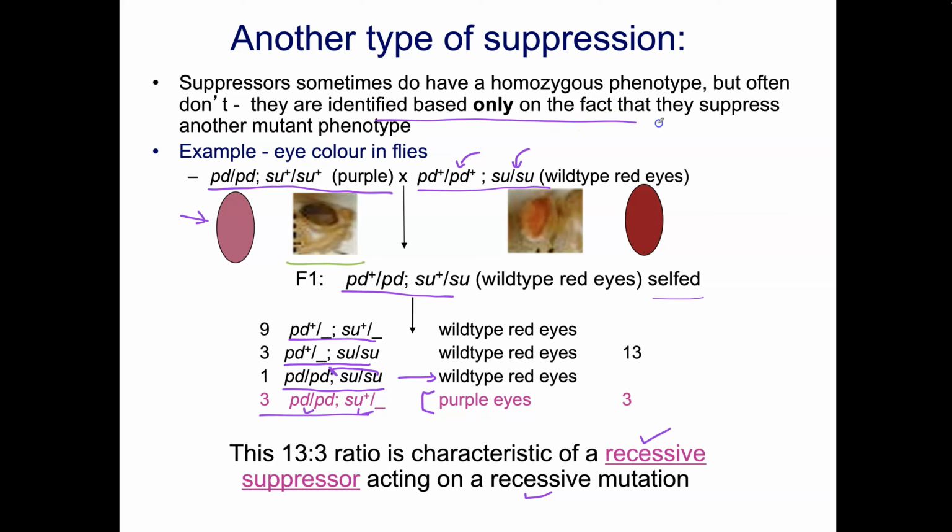You can only see the effect of it when it's in combination with the mutant. So this is the only place you can see the effect of the suppressor mutation, even though 3/16 of the progeny are mutant for it, but they also already have the wild type purpuloid gene.